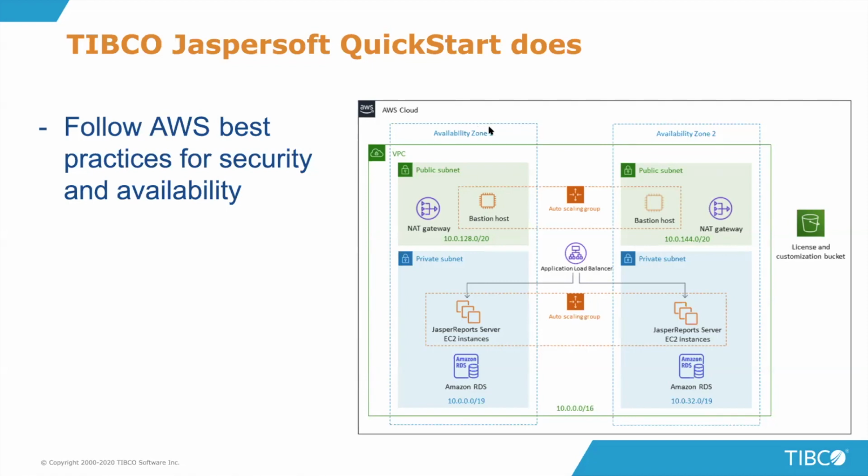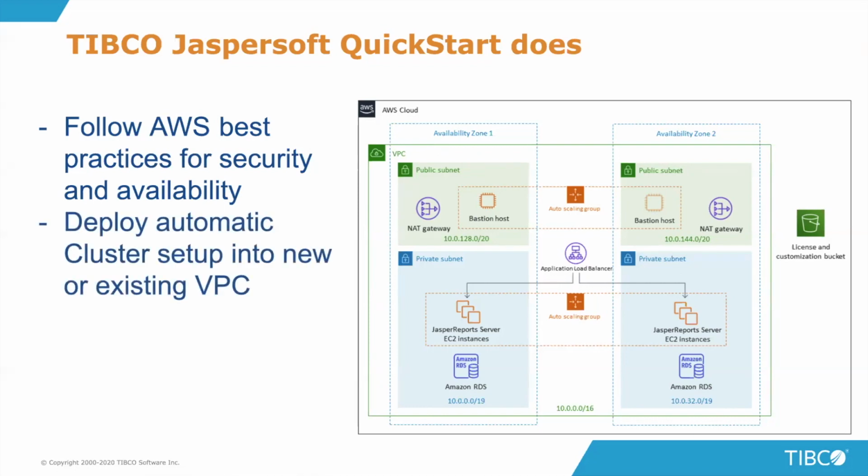As you see, we cover different availability zones, and everything is enclosed in a virtual private cloud. It also deploys automatic cluster setup into new and existing VPCs. We'll take a look at those options today too, briefly, and one of them we will deploy.